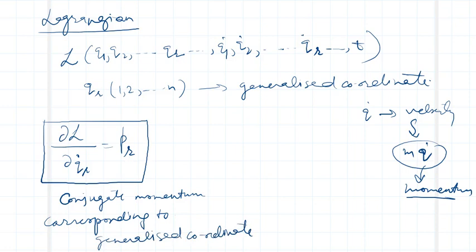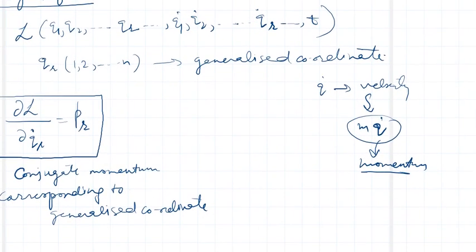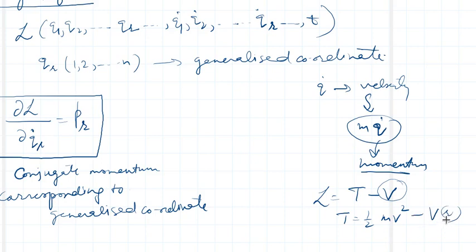How does this idea come up in our mind? Since we know that the Lagrangian is kinetic energy minus potential energy, let us call kinetic energy equal to half m v square, and we know that potential is generally a function of r, and dr/dt is basically v.